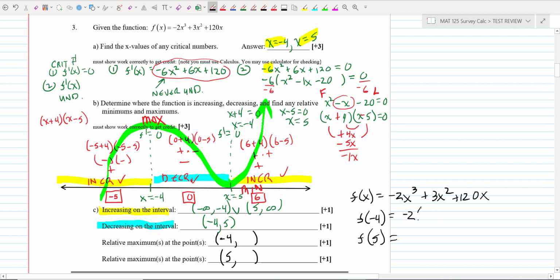So you could do -2 times -4 to the third plus 3 times -4 squared plus 120 times -4, and then do the same thing with 5. You would do -2 times 5 to the third plus 3 times 5 to the second plus 120 times 5. Now, you're going to use your calculator on that.